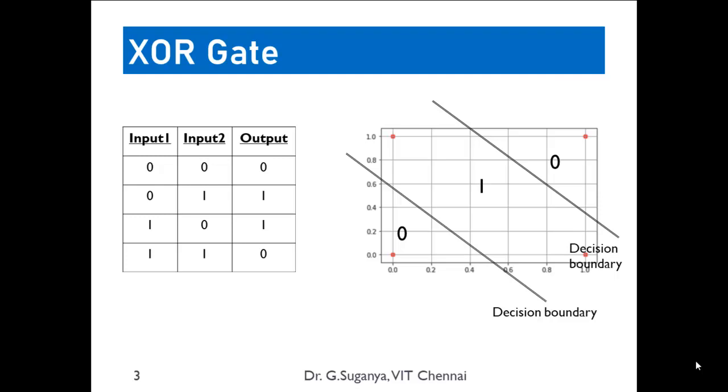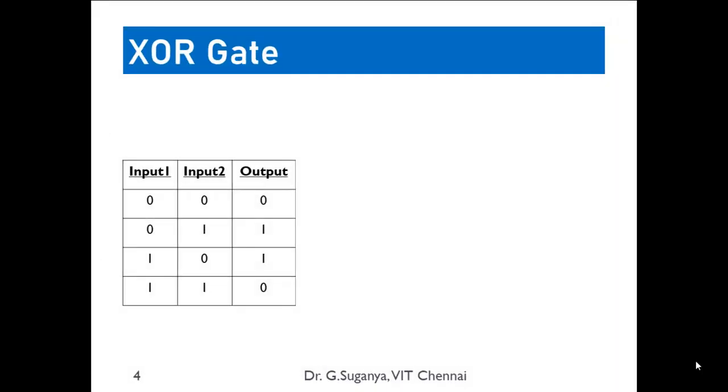Why could this not be processed using single layer perceptron? Let's recap single layer perceptron. Single layer perceptron takes the inputs x1, x2 and so on up to xm. It will multiply the inputs with the corresponding weights, and the summation of all these things will be added to the common variance of the system or the data set, which we call the bias.